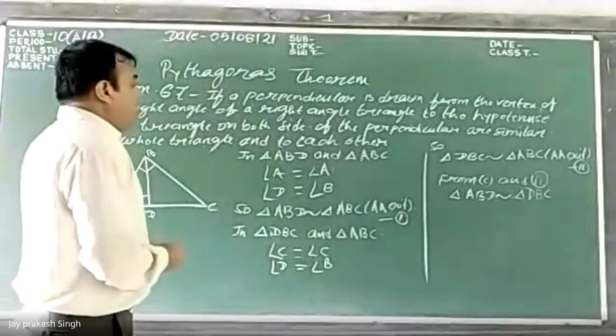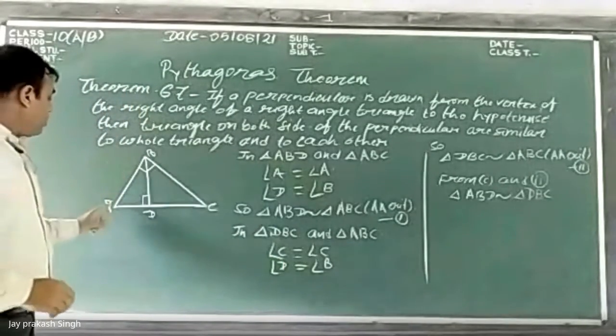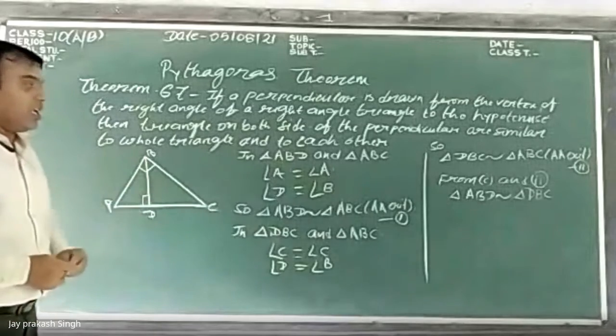In this way we have proved that these two triangles are similar, and they are also similar to triangle ABC.